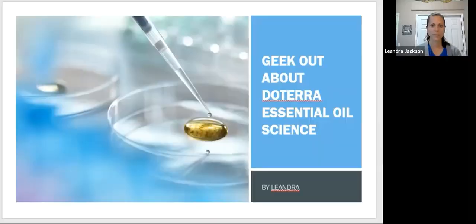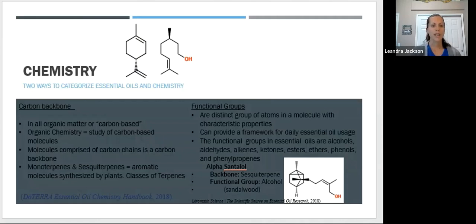All right, so we're just going to geek out a little bit on the doTERRA essential oil science. When we talk about the different chemistry categories in essential oils, we have two different ways to categorize the chemistry of them. It's the carbon backbone and functional groups.